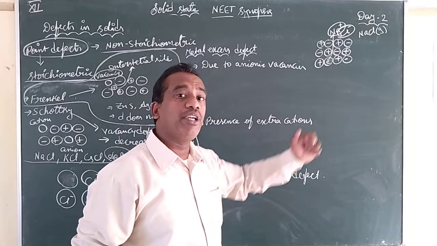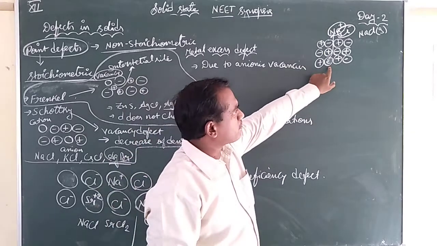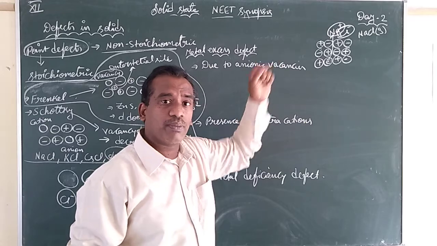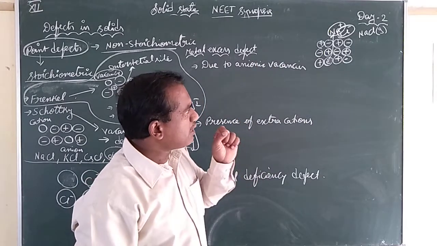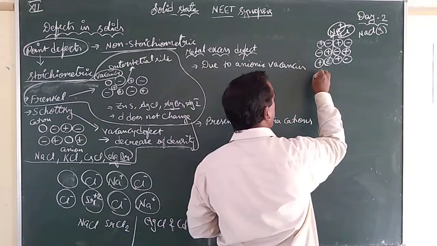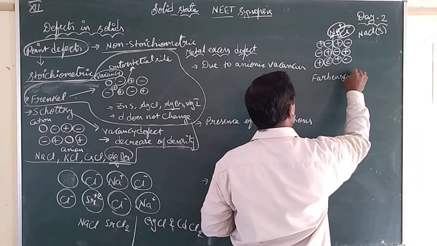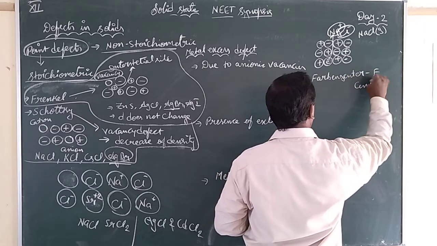Obviously chloride ions will be diffused up. Here the space left by this chloride is now filled by the electron lost by the sodium. Now this was observed by a scientist, and we call this the F center.